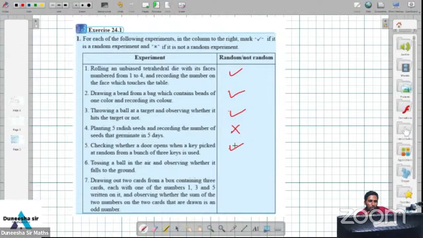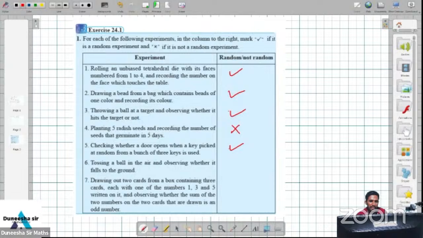6. Tossing a ball in the air and observing whether it falls to the ground. Have you ever seen a ball tossed into the air and not falling to the ground? If we throw a small rock into the air, it comes down after a moment. Have you ever seen something not grounding?